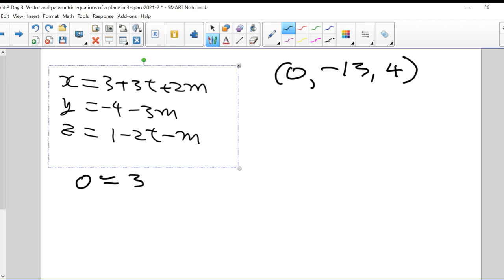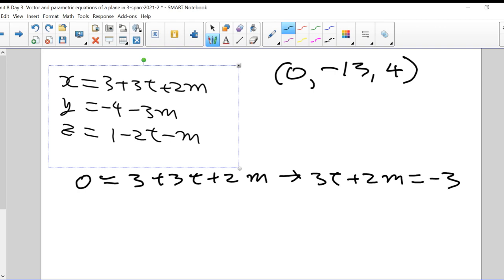So let's say that 0 is equal to 3 plus 3t plus 2m, right? And of course, we can rearrange that to give us 3t plus 2m is equal to minus 3. And then I'm going to use a z value next. So I'm going to say 4 is equal to 1 minus 2t minus m.